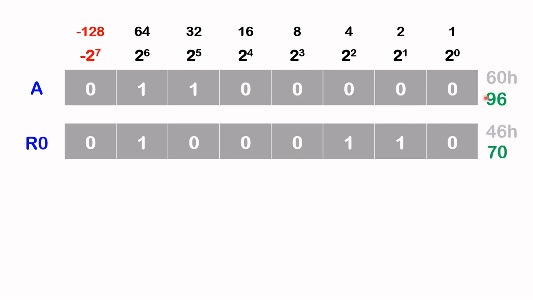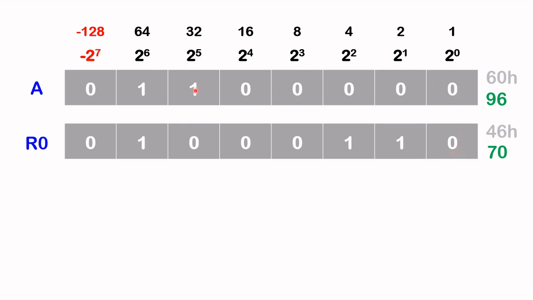The binary version of this is 0, 1, 1, 0, 0, 0, 0, 0. And in register R0, I'm going to copy the value 46 hexa. The equivalent in decimal would be 70. The binary equivalent would be 0, 1, 0, 0, 0, 1, 1, 0.